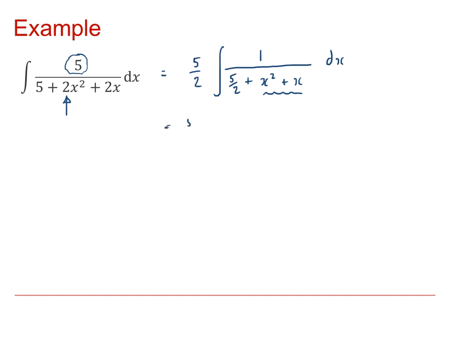So we get 5 over 2 integral 1 over 5 over 2 and then plus, in a bracket, x plus 1/2 all squared, and then minus a half squared, which is a quarter.